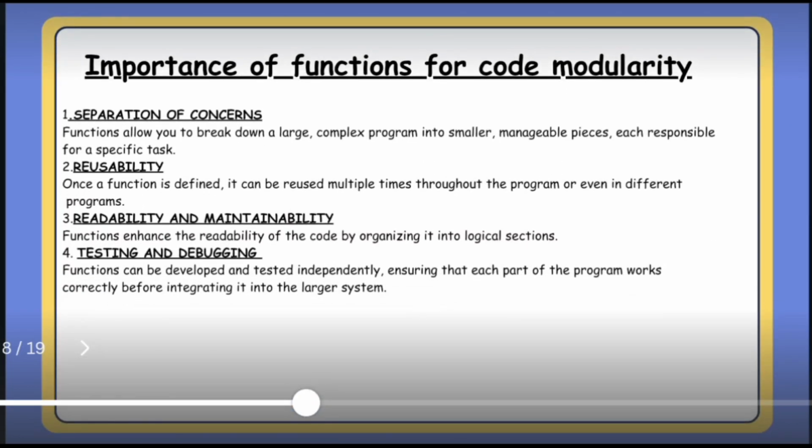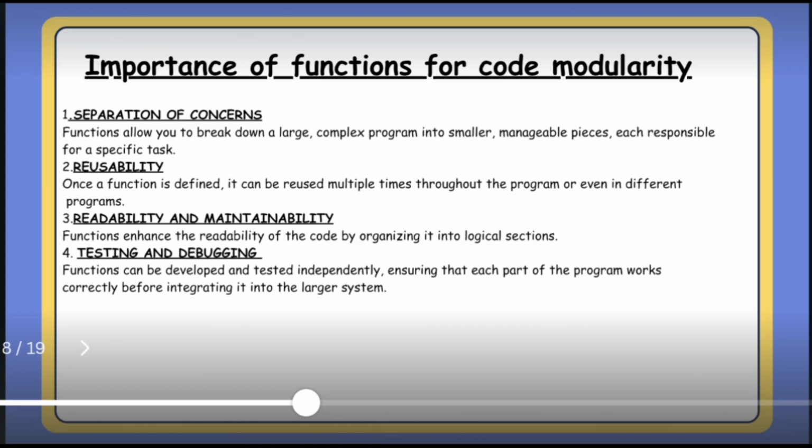So what is the importance of functions for code modularity? We are highlighting some key points such as separation of concerns, reusability, readability and maintainability, and testing and debugging. Separation of concerns: functions allow us to break down a large program into simpler ones using blocks of code. Then reusability.